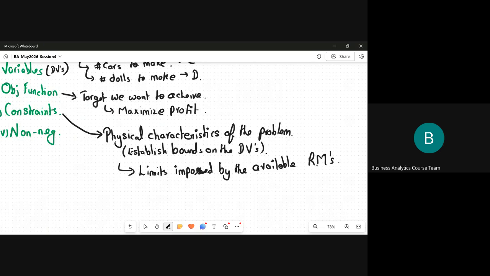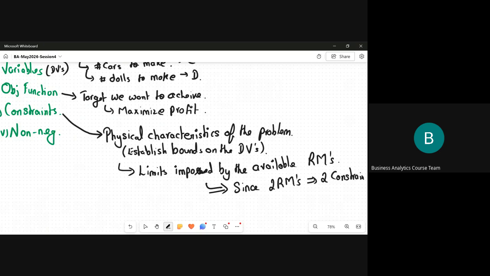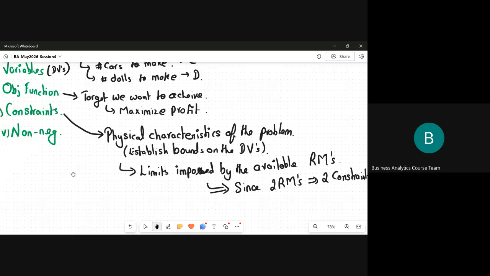So there are two raw materials. Since there are two raw materials, that means there will be two constraints for this specific problem, right?